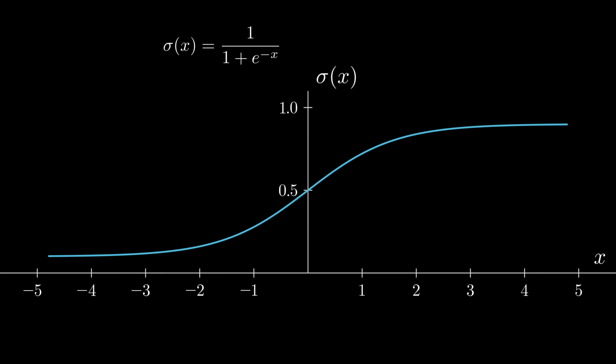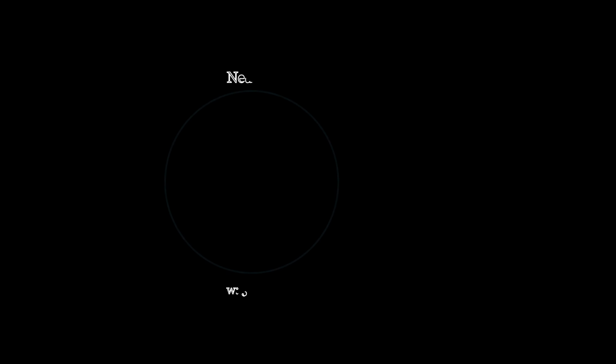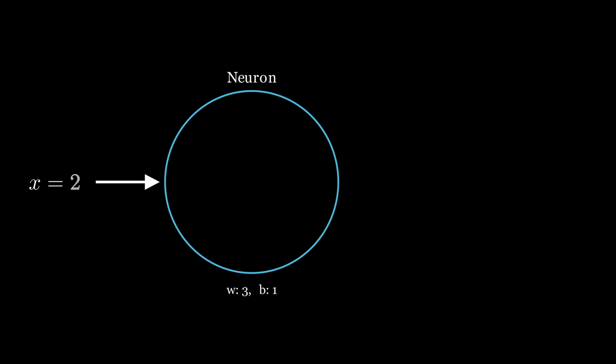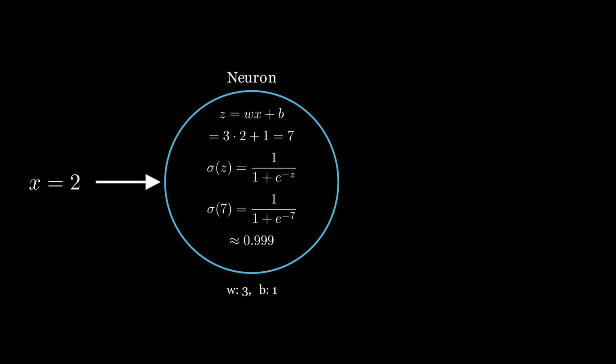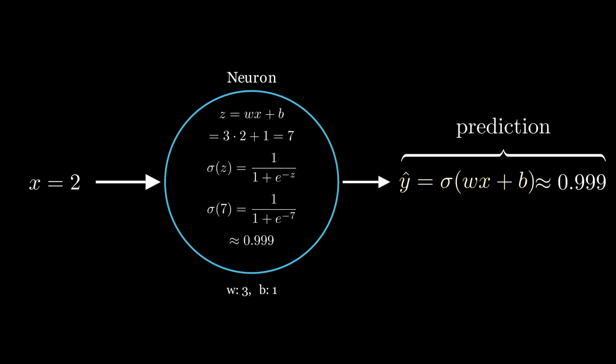Now, this was very theoretical, so once again, let's play with a single neuron and plug in some values. It has weights, bias, and a sigmoid activation function. So first, we multiply our input by weights, add a bias, plug that into an activation function, and voila! That is the output of our neuron.